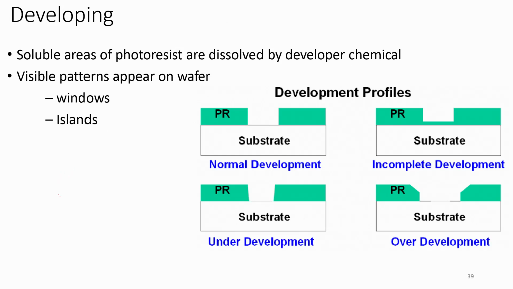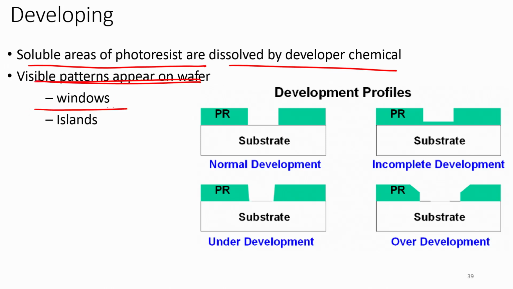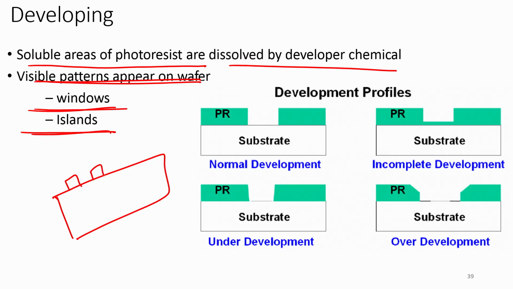How can we obtain them? By developing photoresist in photoresist developer. The soluble areas of photoresist are dissolved by developer chemical, and visible patterns appear on the wafer, either windows or islands, whatever we have designed. Suppose we are designing some electrodes on the wafer, then these are some islands, these are some valleys.